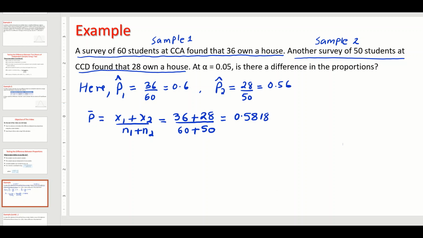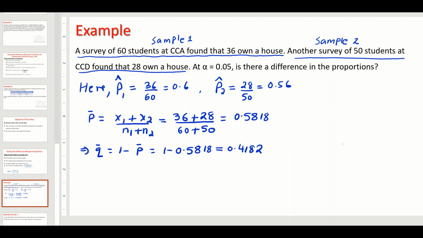So your P bar is that. If you want to find Q bar, or 1 minus P bar, that is equal to 1 minus 0.5818, and by subtracting this, we get 0.4182. So we have everything ready to perform the hypothesis test.